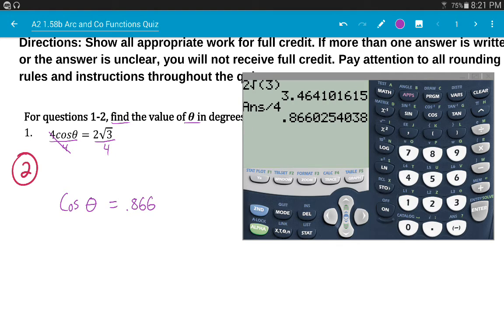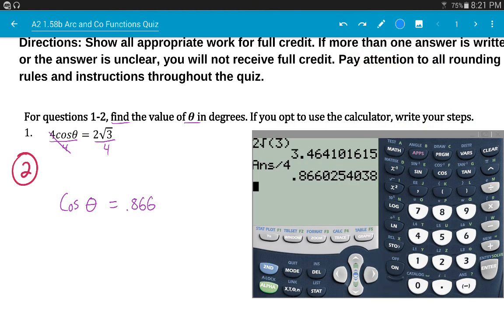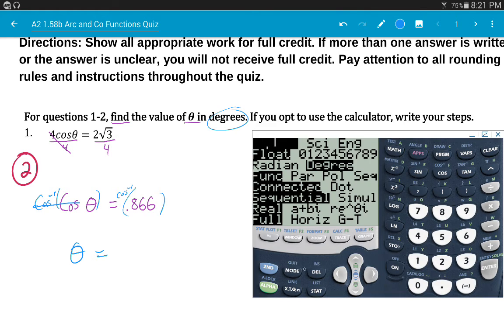0.866. Now I need theta, not just cosine theta, but theta itself. So let me get rid of the cosine. The way that I do that is by applying an arc cosine to both sides. So arc cosine of this and arc cosine of this. The cos and the arc cos will cancel, leaving me with just theta is equal to. Now let's see what this is equal to. The question says in degrees, so let me make sure I'm in degree mode.